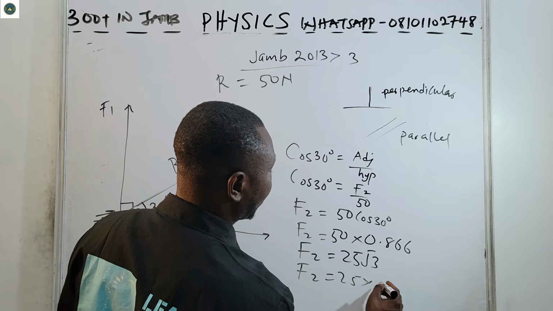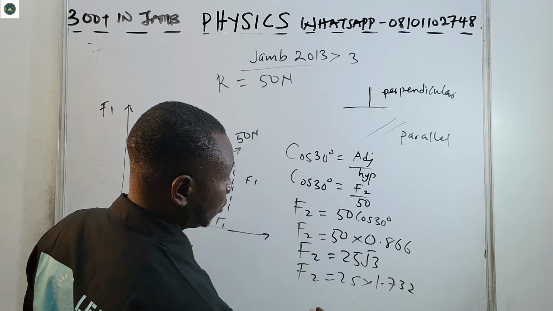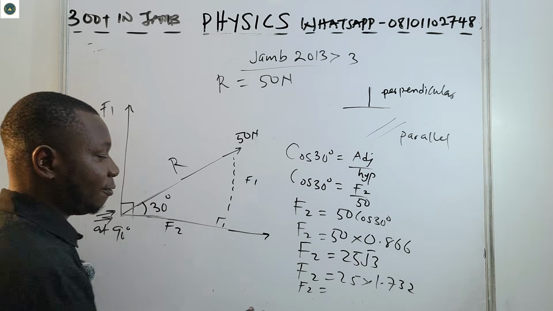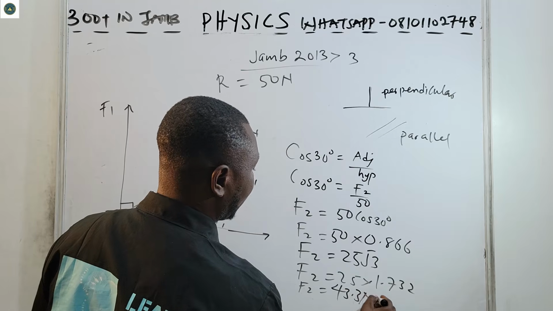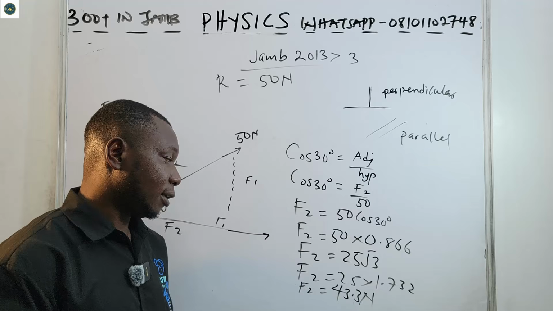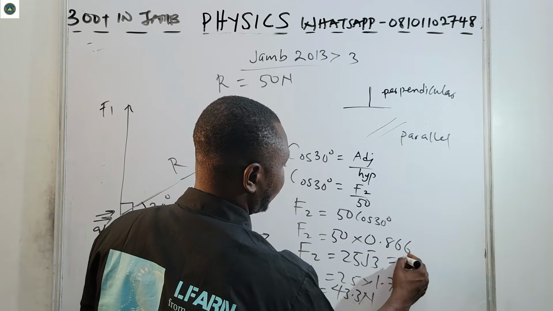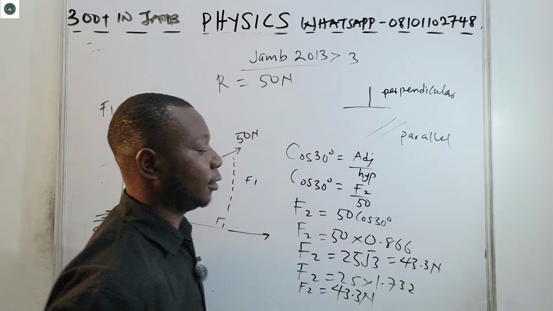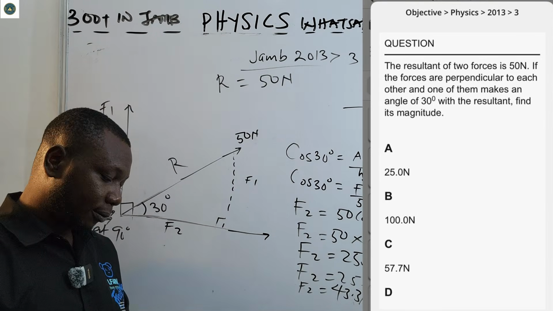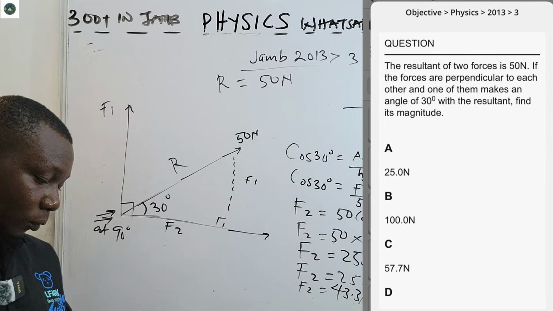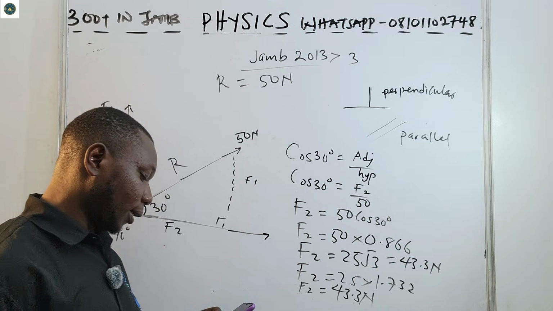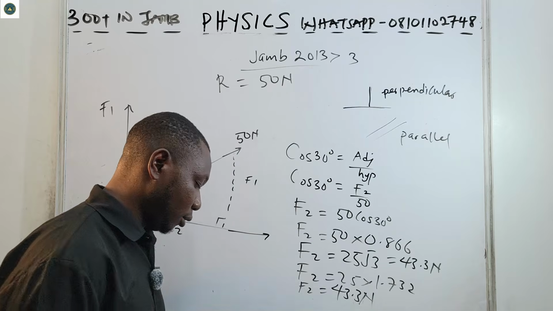Root 3 is 1.732, so multiplying, we have 43.3 Newton. So 25 root 3 is the same thing as 43.3 Newton. That is the answer. So the option there is D, 43.3 Newton.